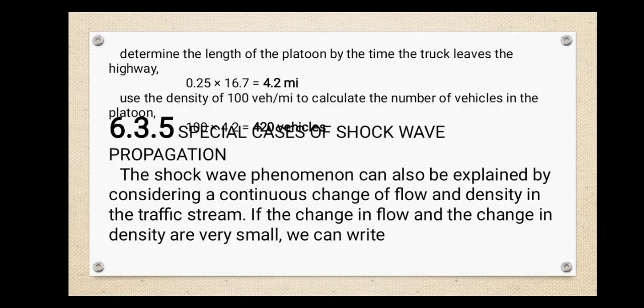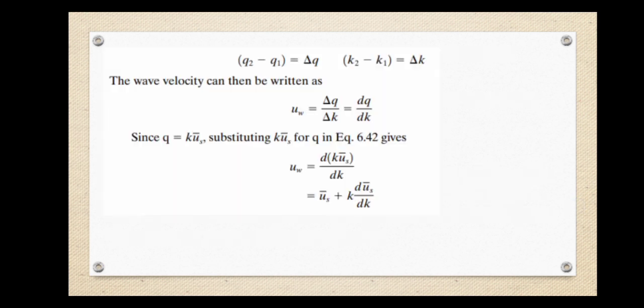Those are the special cases of shockwave propagation. The shockwave phenomenon can also be explained by considering a continuous change of flow and density in the traffic stream. If the change in flow and the change in density are very small, we can write these equations.